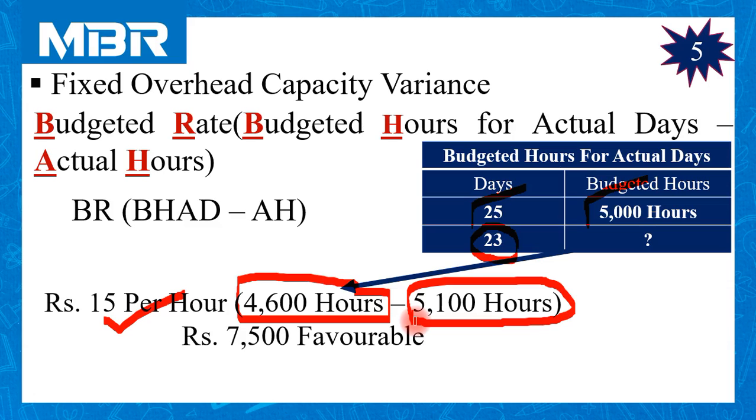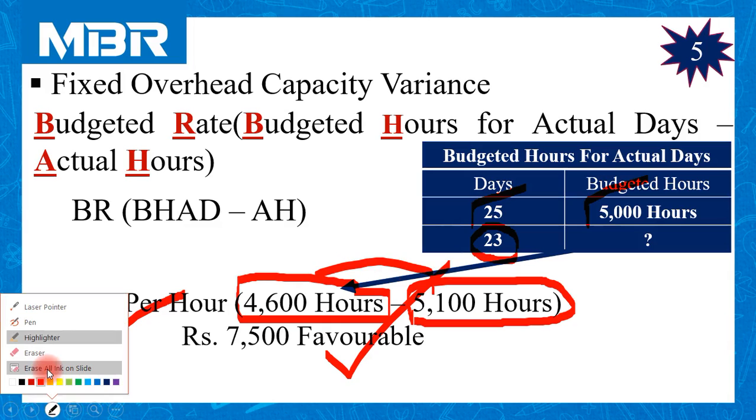But the capacity of your employees is much more than your expectations, and they have actually worked for 5100 hours. So when your employees are working with higher capacity, it is in your benefit. So this variance is favorable for your company.